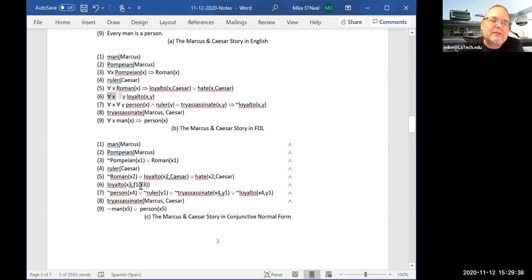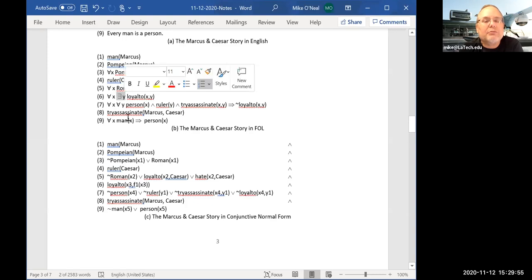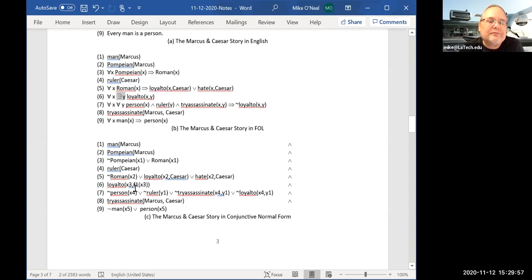But I'm saying that there has to be some mapping from x3 to the individual that x3 is loyal to, and I'm going to call that function right here f1. That's all I'm doing. So basically, the cheat to get rid of existentially quantified variables is to propose a function that does the computation that we need. That's the way it works.